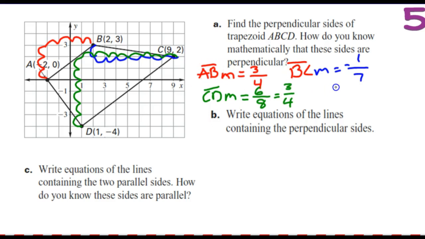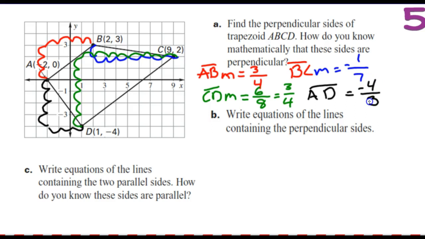And finally, from A to D is going down, so negative 1, 2, 3, 4 over 1, 2, 3.